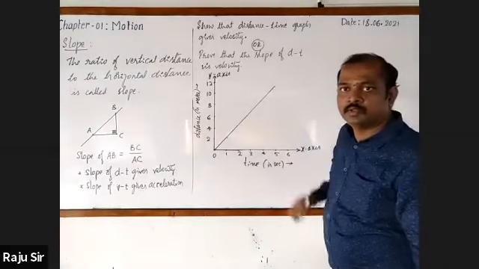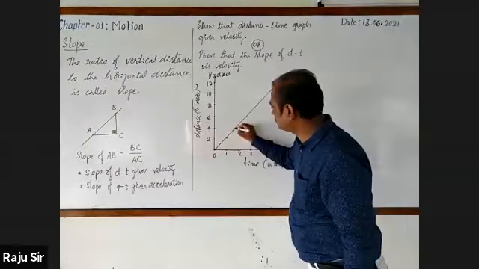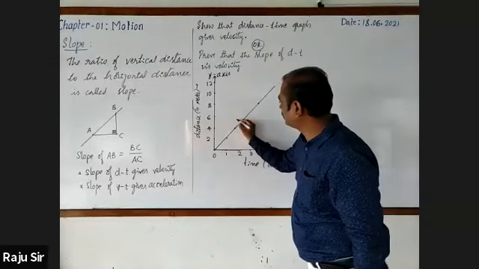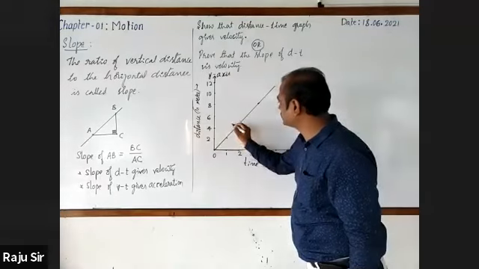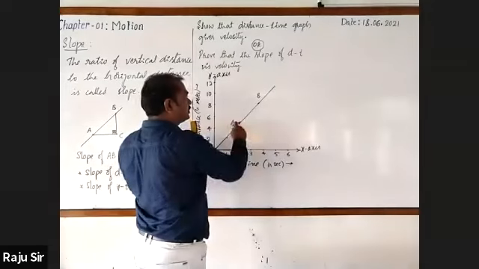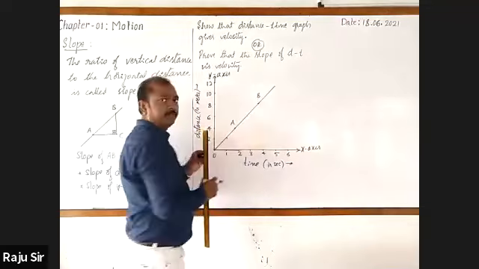Now, here I'm going to take any 2 points. One point is here. I call this point A, this point B. Let me draw a vertical line from both A and B.